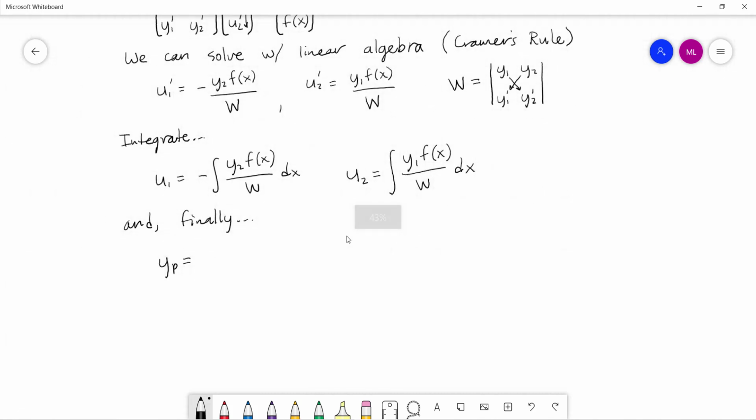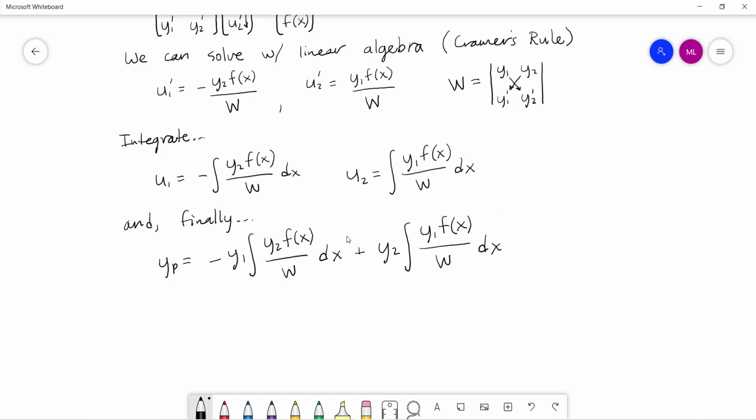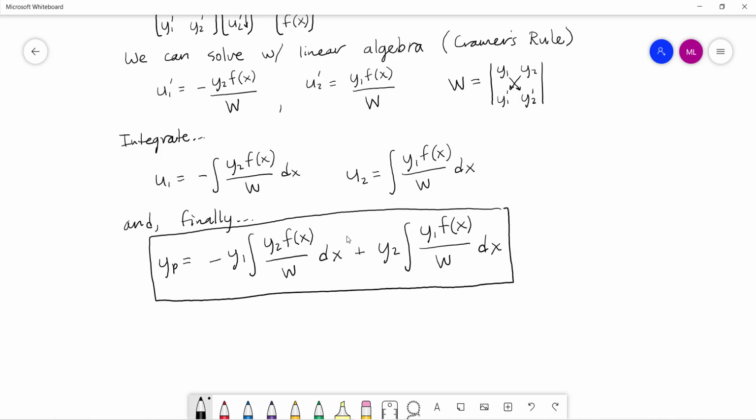So in this case, it's going to be negative y1 times the integral of y2 f of x over w dx, plus the other one, y2 times the integral of y1 f of x over w dx. And this, after all of that work, is really just a formula to memorize.